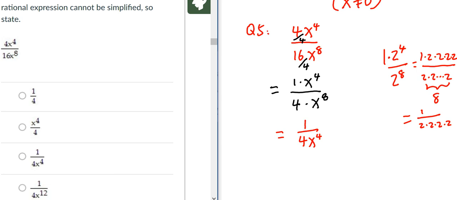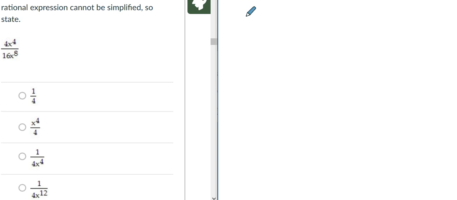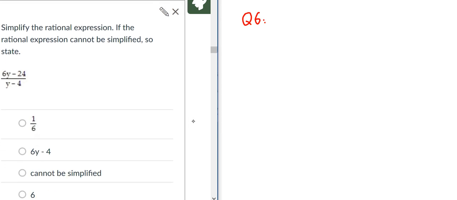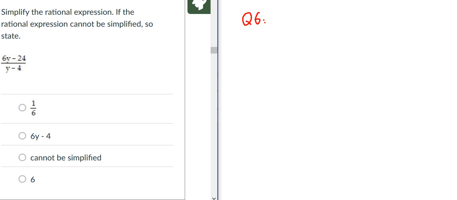Okay, now question 6. Question 6, we want to simplify the rational expression. If the rational expression cannot be simplified, so state.